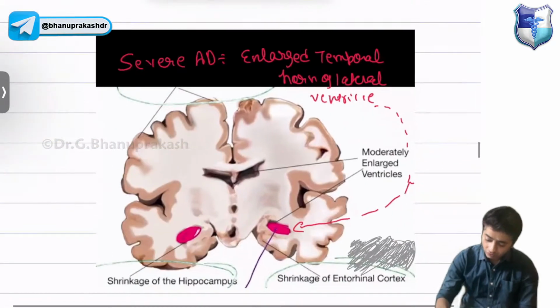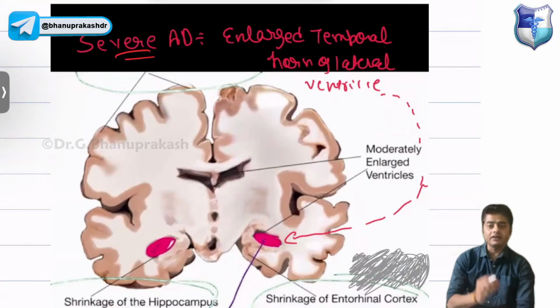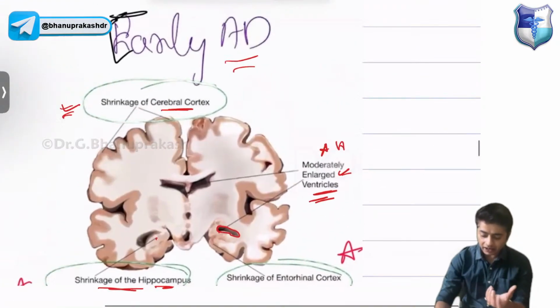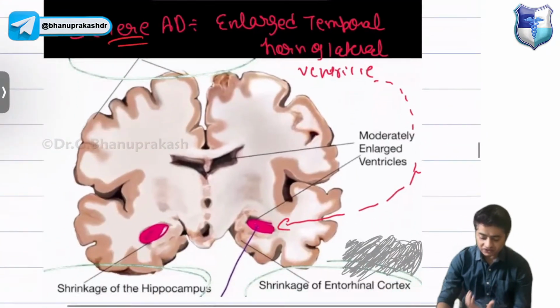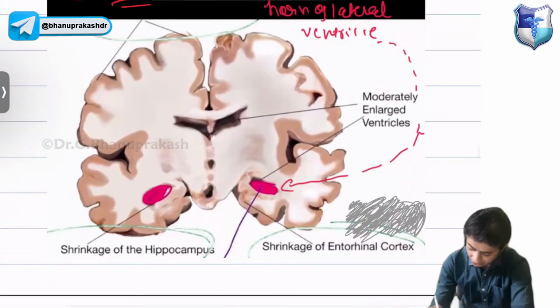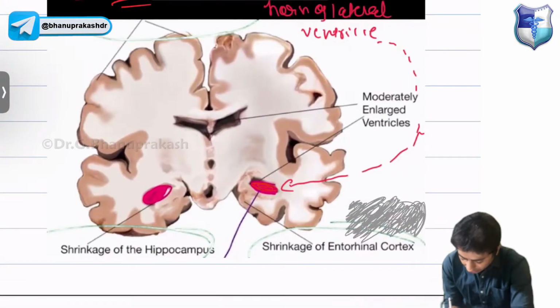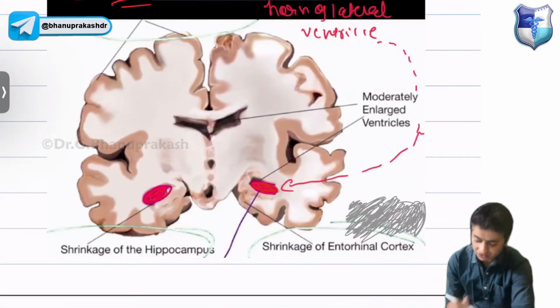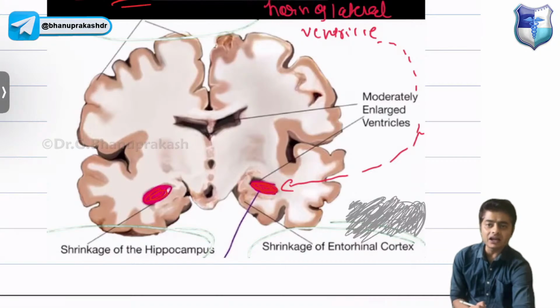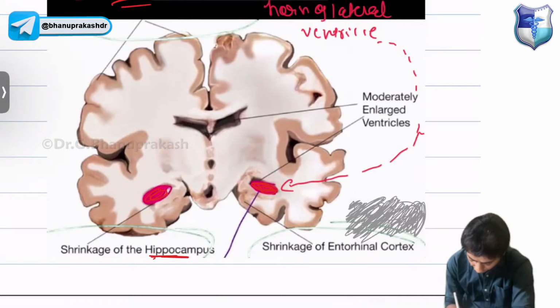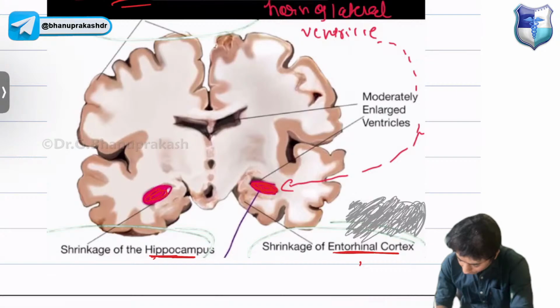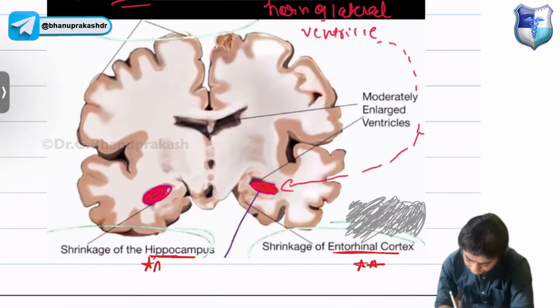See, now when we come to severe Alzheimer disease, this was your early Alzheimer disease. When you come to severe Alzheimer disease, see how much ventricles have enlarged. There is shrinkage of your hippocampus and shrinkage of your entorhinal cortex.